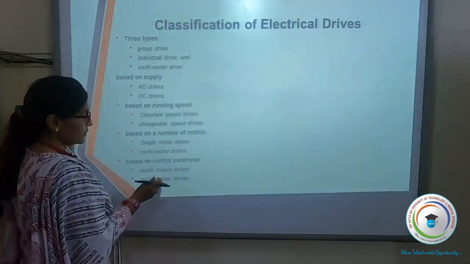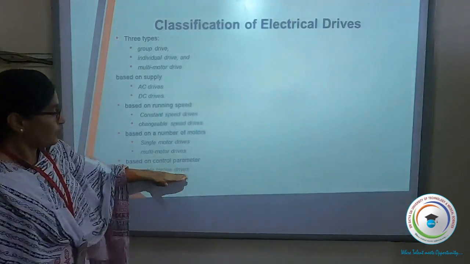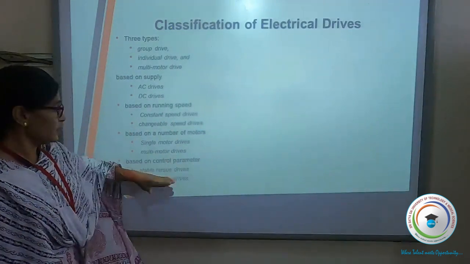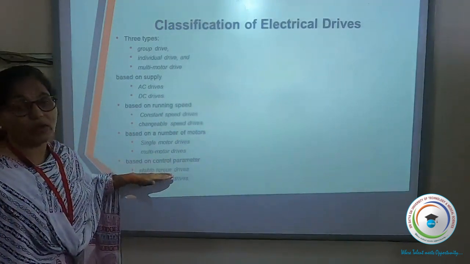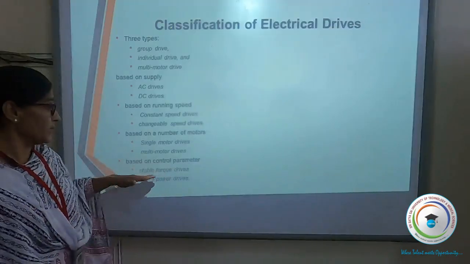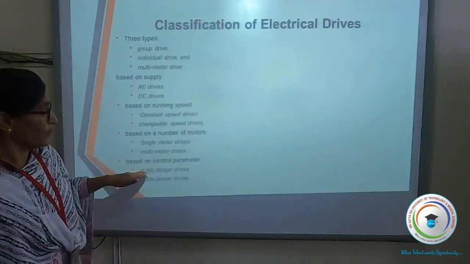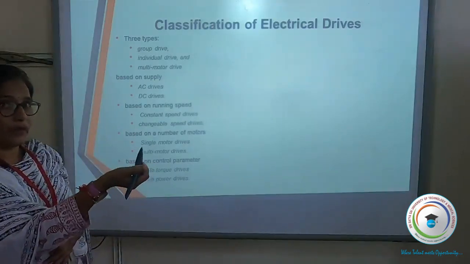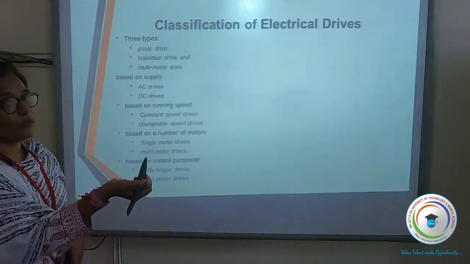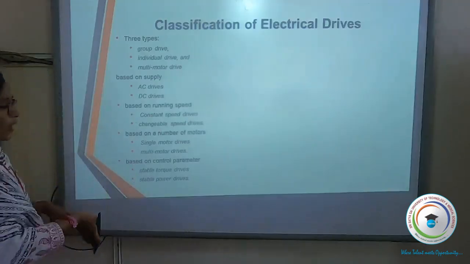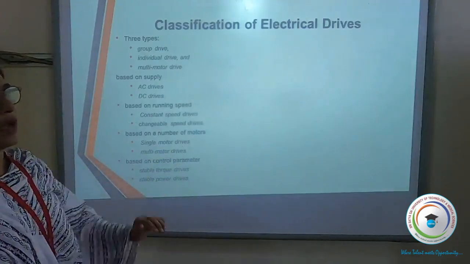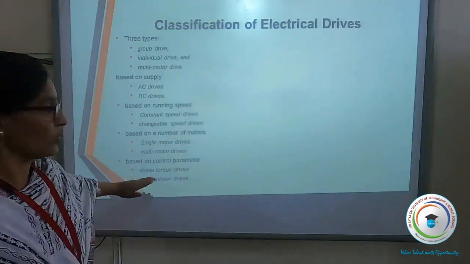A torque or power. Stable torque drive, or constant torque drive, means the output should be in the form of constant torque. Now stable power drive or constant power drive means the output requirement should be a constant power.